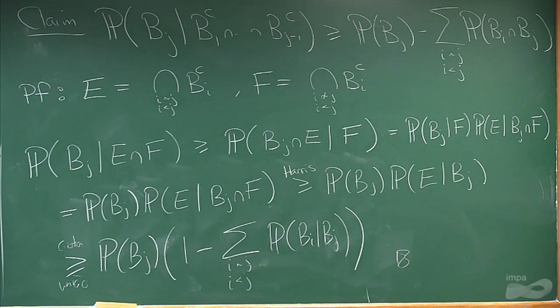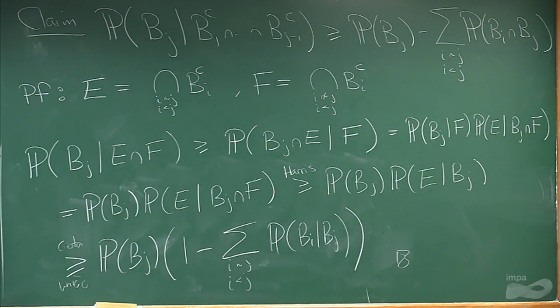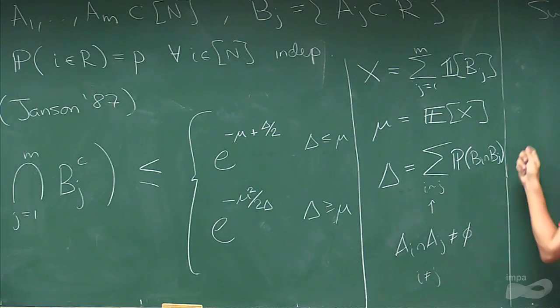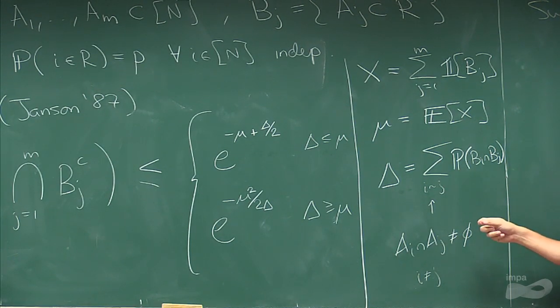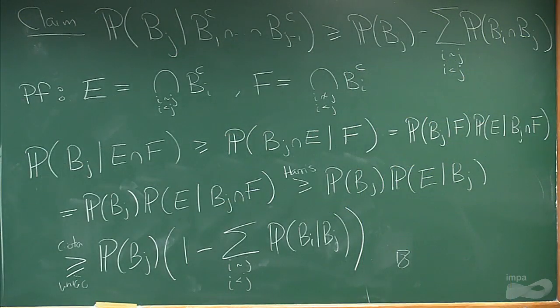As we add in extra events, every event that we add helps mu by adding the probability of this new Bi, but it increases delta by more because there are so many other j's that intersect. There are too many events, too much intersection between them. So new events are not helping us. So what should we do?